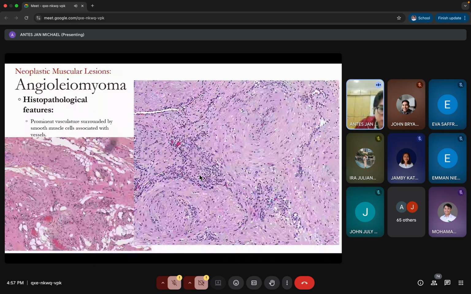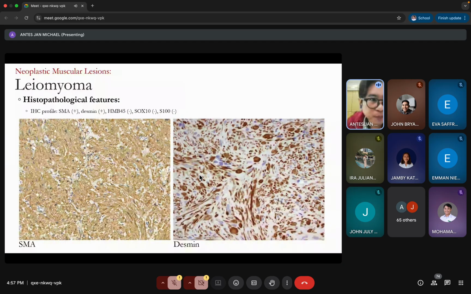Now when you look at the IHC profile of leiomyoma, it has a positive finding for SMA and desmin. Desmin is just a general protein found in any muscle. But specifically, the SMA would turn out to be positive to confirm that this is a smooth muscle tissue.